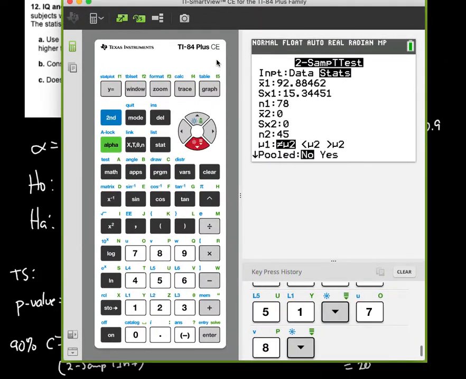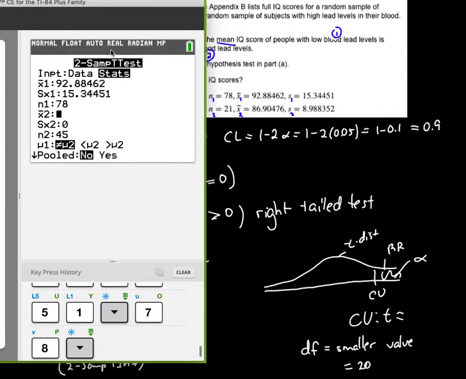For the second group, the second mean was 86.90476. Don't enter that wrong. The second standard deviation was 8.988352. And then the second sample size was 21.